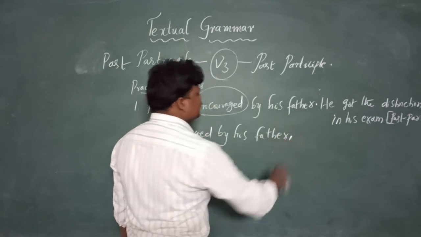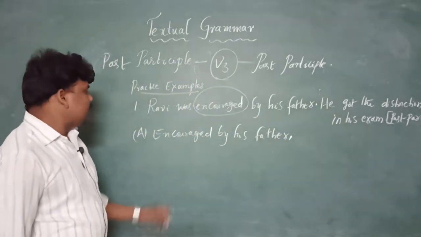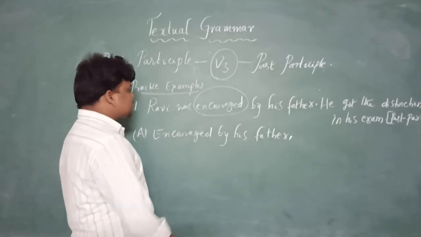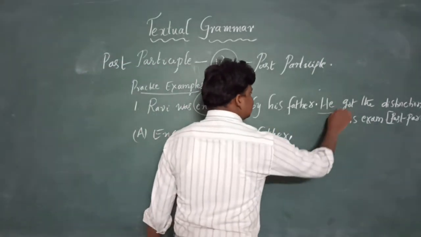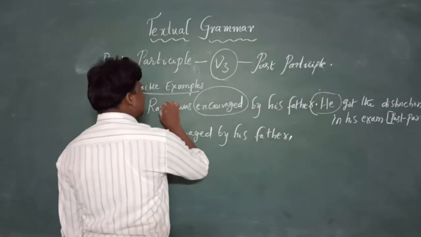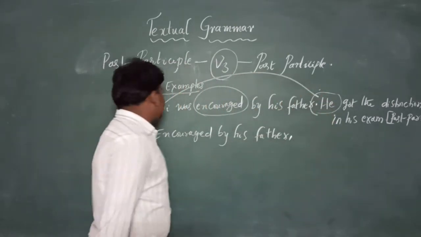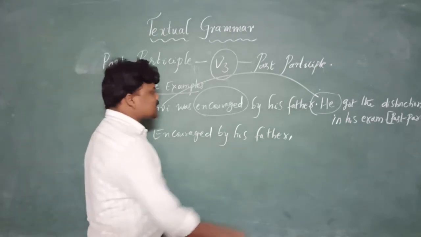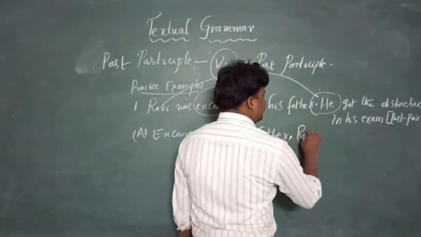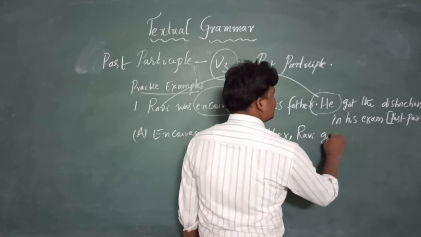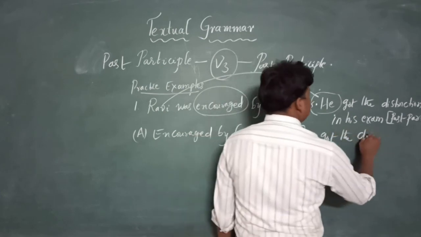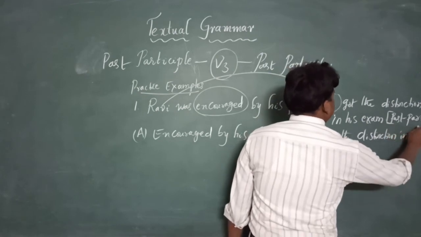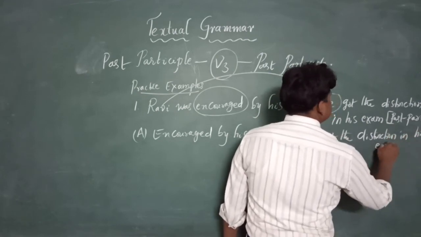No full stop, comma. Encouraged by his father, comma compulsory, and replace the pronoun with a naming word, Ravi. Encouraged by his father, comma, Ravi got the distinction in his exam.